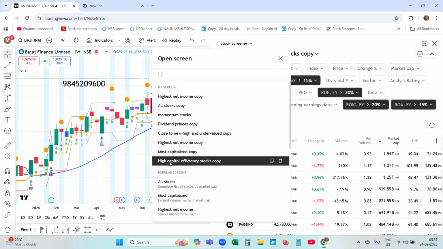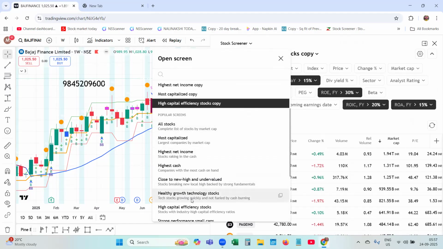High capital efficiency stocks, most capitalized, highest net income, close to new high and undervalued, dividend, momentum stocks, all these are there. This is in between. I have copied it, and here you get all these stocks.